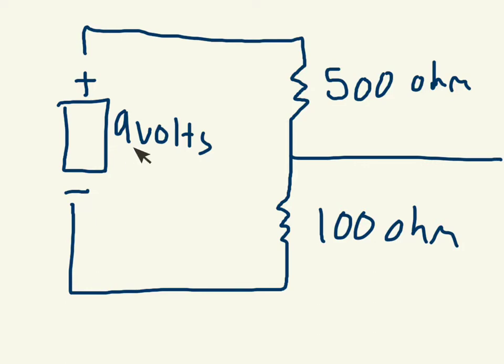So 9 volts means that from the positive side to the negative side, you have lost 9 volts, or a voltage drop of 9 volts has occurred. So that's what that means when someone says that the battery is 9 volts. It means that from here to here, there's a difference of 9 volts.